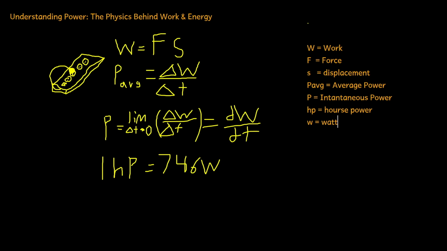Power is the time rate at which work is done. For example, if you lifted a 200 Newton weight, we'll draw our little weight here, 200 newtons, and you lift it 1 meter.